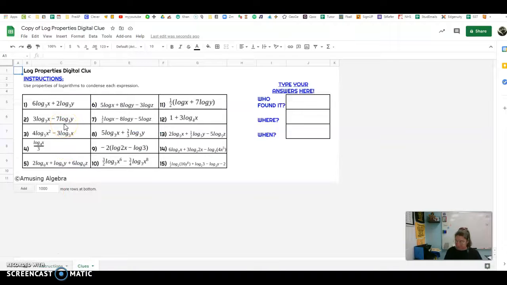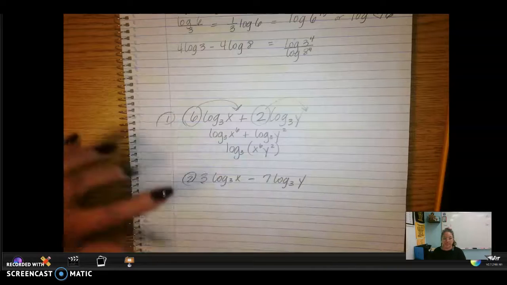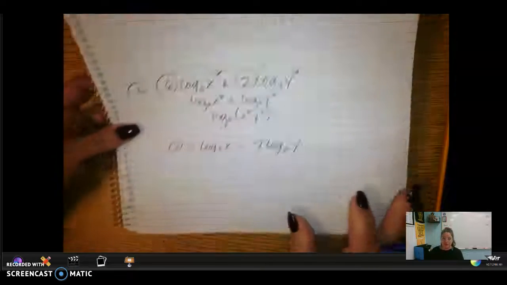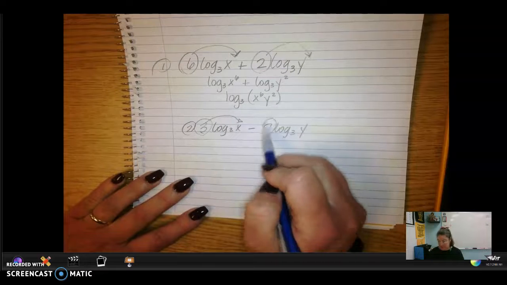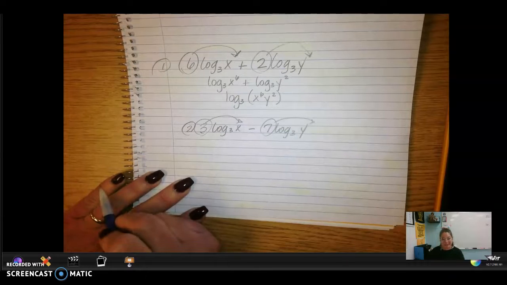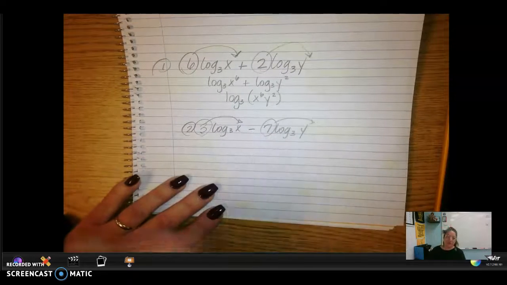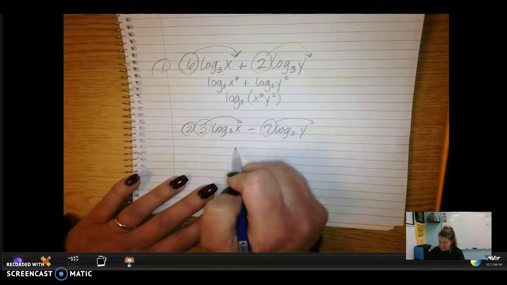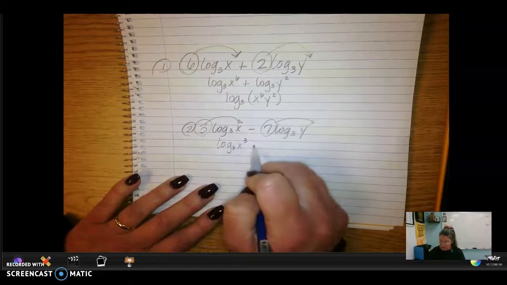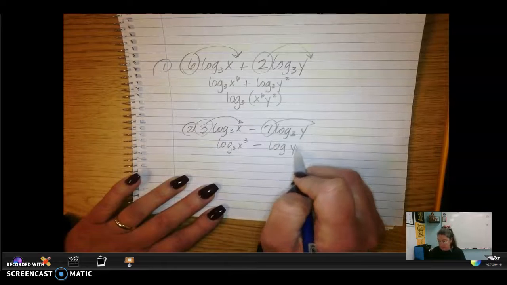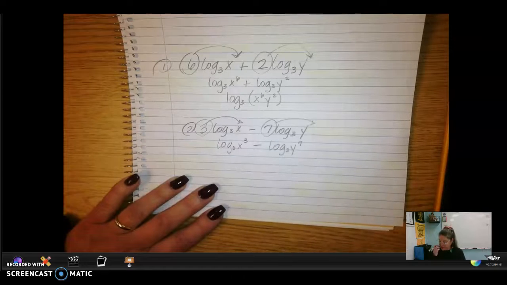Number 2. All right, so here's number 2. We're going to do the same thing. The 3 is going to come up and be an exponent, and the 7 is going to come up and be an exponent. And the minus means that we're going to divide when we're done. So we have the log of x cubed with a base of 3 minus the log of y to the 7th with a base of 3.